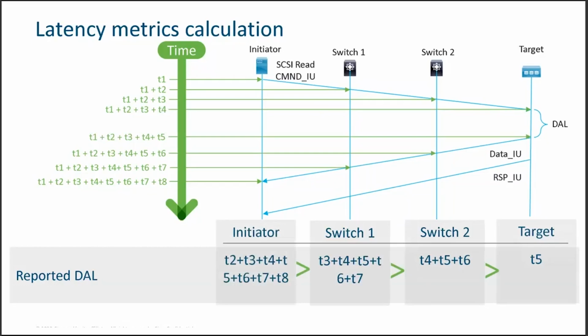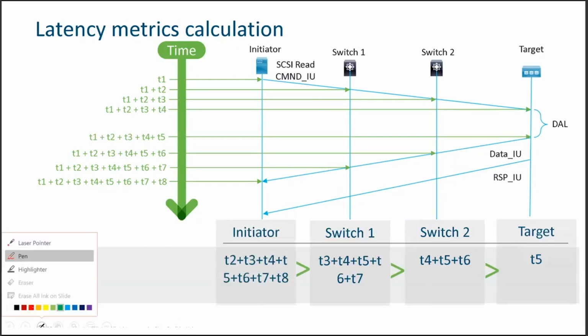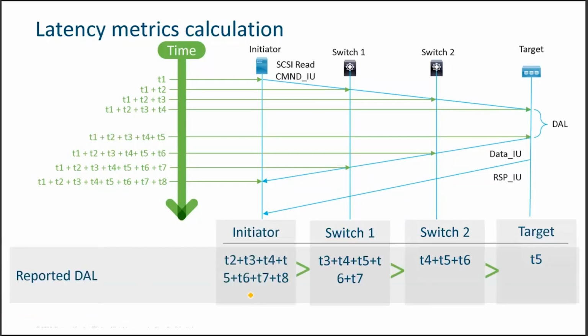So just for the sake of example, let's take more realistic values. If the initiator says my DL value is 420 microseconds, switch 1 may say it's 415, switch 2 may say it's 410, and if you're asking the target, it may say 405 microseconds.